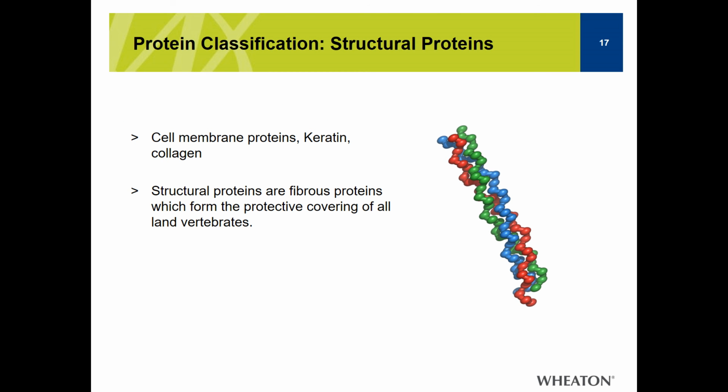The second type is structural proteins, and these proteins maintain the integrity of the cell structure, and mostly are keratin and collagen. And again, these proteins exist in high abundance, and therefore antibodies are not going to offer a lot of value to the researchers or scientists who are working with these types of proteins.